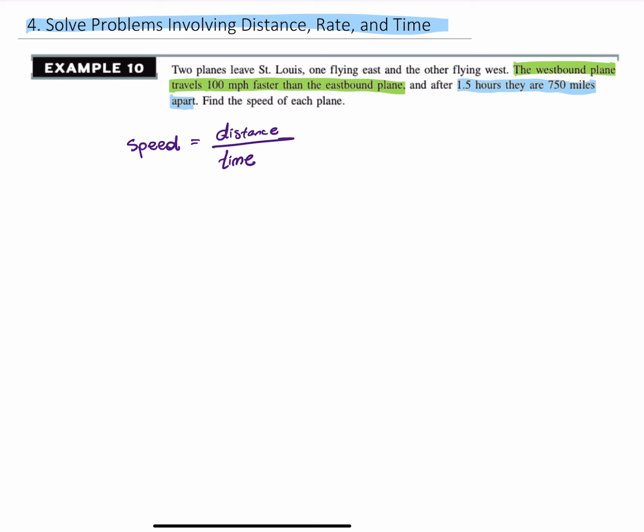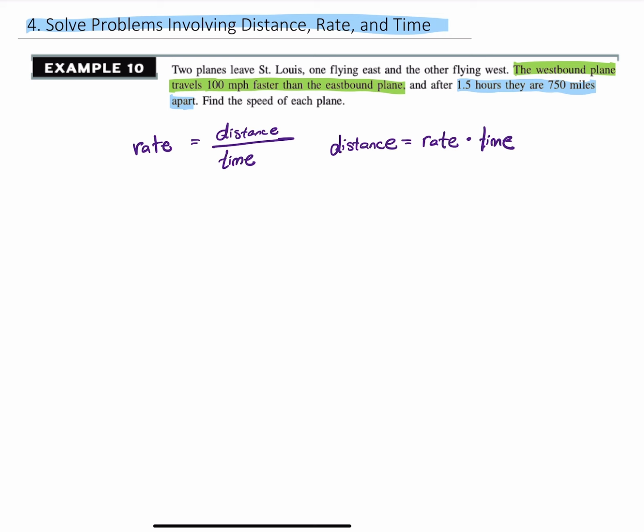And we can very well multiply the time over to the left side and say that distance is equal to speed, or we can even say rate. You'll probably see the term rate a bit more frequently. Distance equals rate times time. You may have seen that as well. We'll need this, and we'll see why.